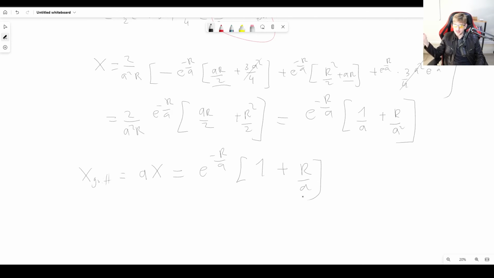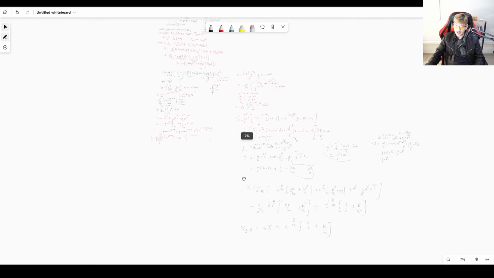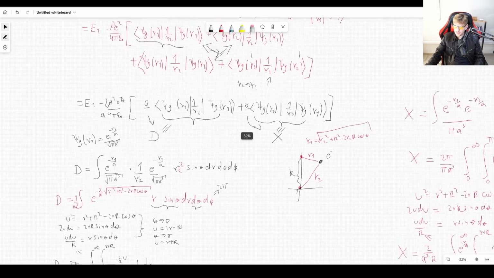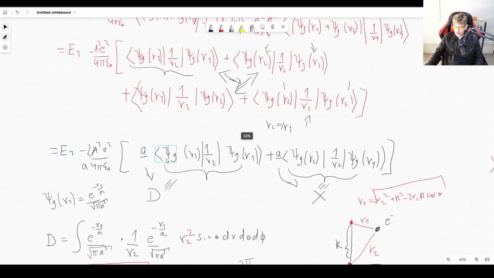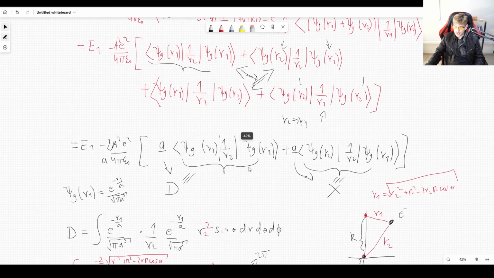So that is x. So we finally found everything in the expression for our energy, which is this thing right here. Okay, so now we have D, now we have X. And that is what was asked of you in Griffiths Problem 7.8.